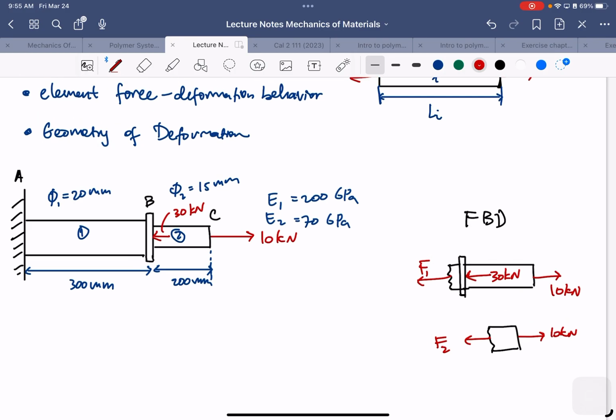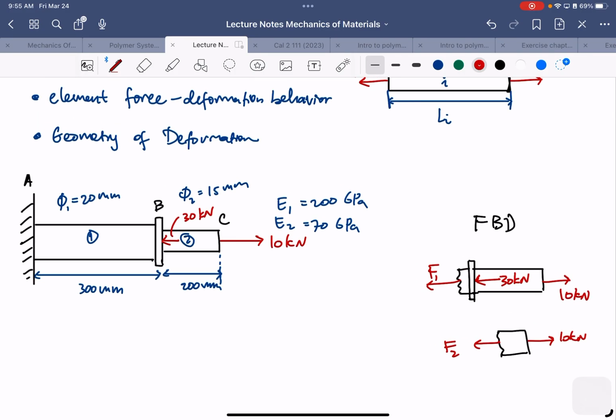Now, if you look at the free body diagram. First, what we did before is we cut from here, and then we see that we have a reaction of 10 kilonewton, which is the F2, and then we cut on this part one. We have a reaction here. So F1 will be 20, right?